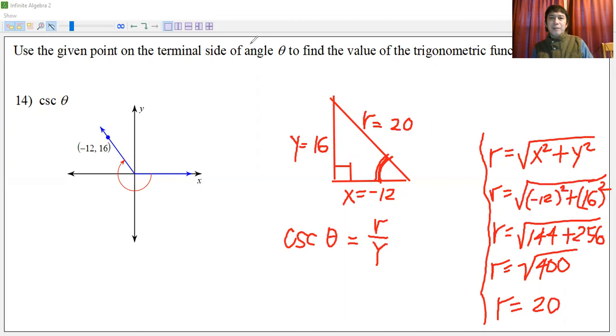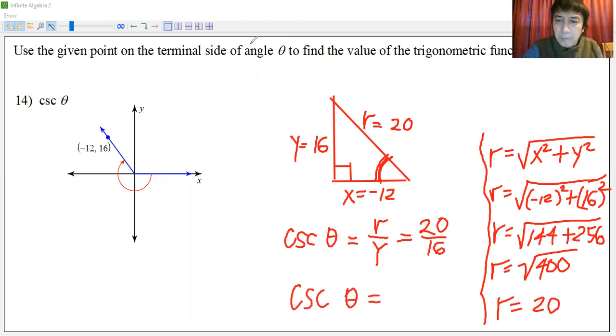That should be for the cosecant of the reference angle. So this will be 20 over 16, and this is reducible to the lowest term. Divide by 4: 20 by 4 is 5, and 16 by 4 is 4.